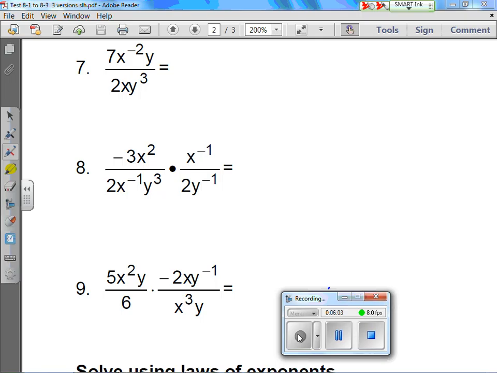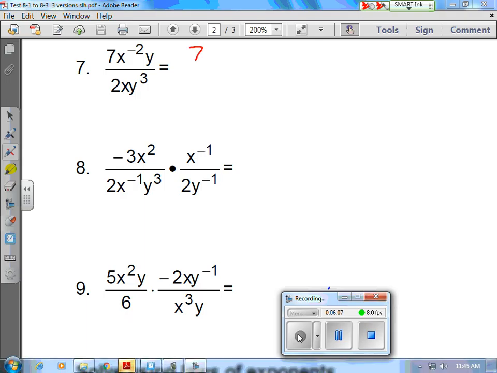If you can separate it out so you have 7, 2, and then x to the negative 2, y to the third, then maybe you can see some things that can cancel. Okay? We have a negative exponent here, so it would be better if we took that and moved it to the denominator.